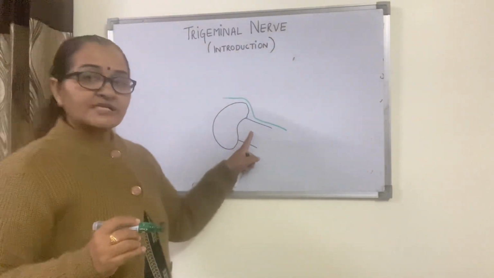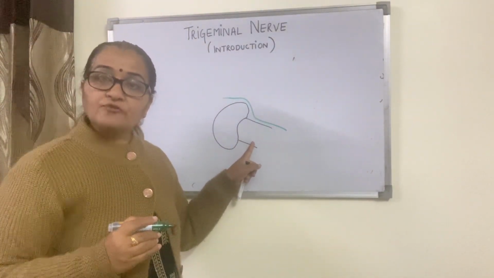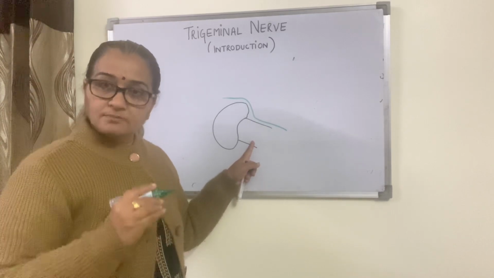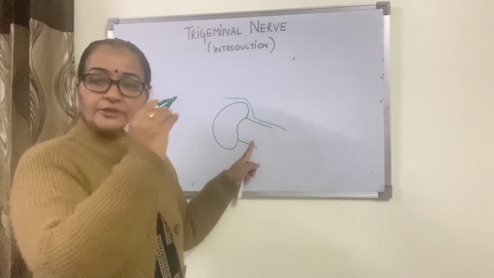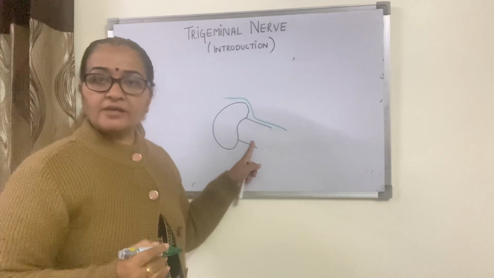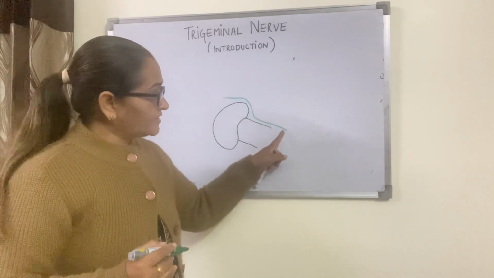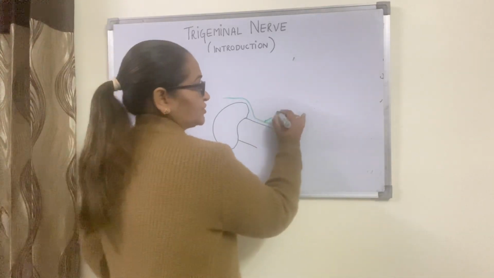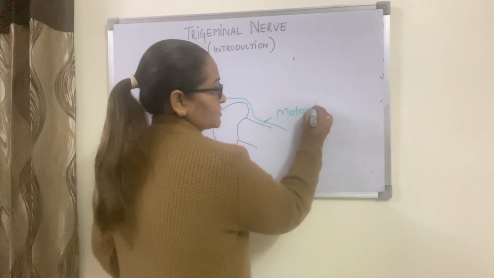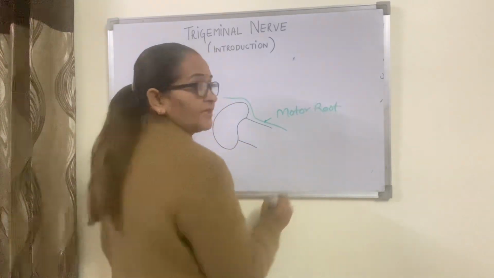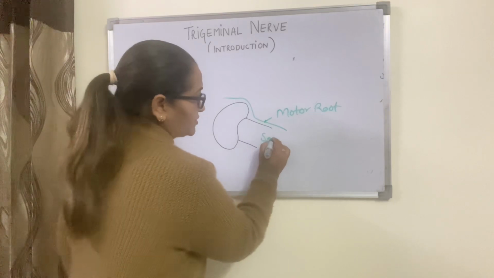So this sensory root, the fibers are coming from which portion of the brain? That is from the mesencephalic nucleus, the main sensory nucleus and the spinal nucleus of the trigeminal nerve. And this motor root is coming from which portion? That is from the motor nucleus, which is lying in the pons. So this is the sensory root.